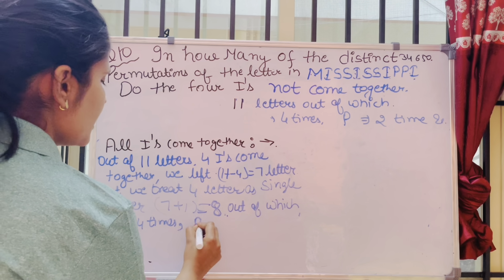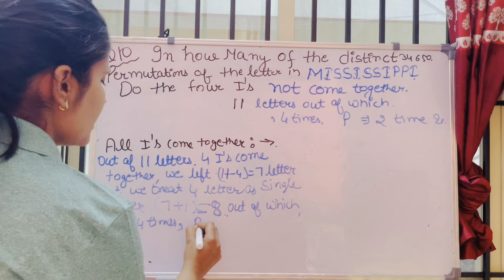So 8 factorial upon 4 factorial into 2 factorial, right? Here in the denominator we will not write 4 factorial again, because 4 I's come together and we treat them like a single word. So 4 factorial is for 4 S's and 2 factorial is for 2 P's, right?